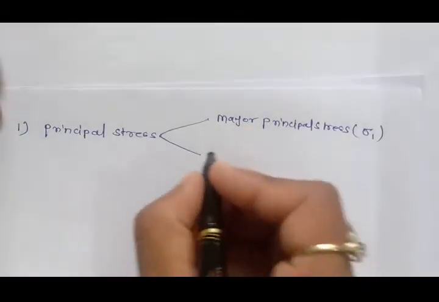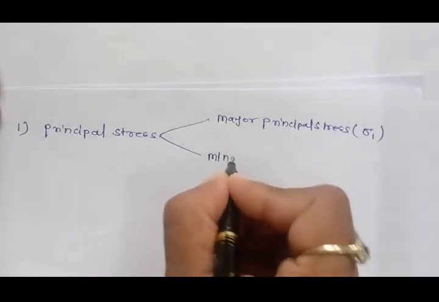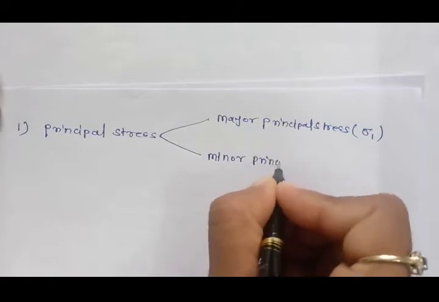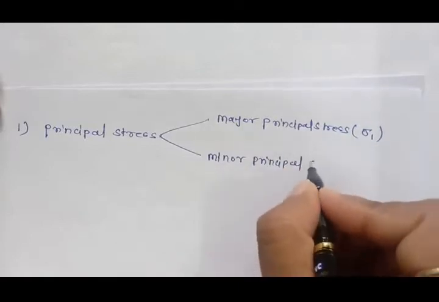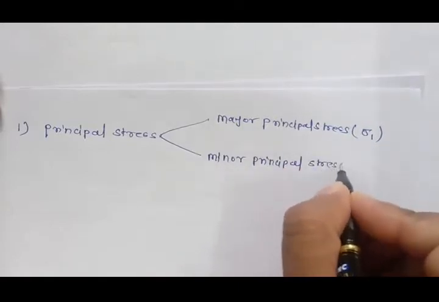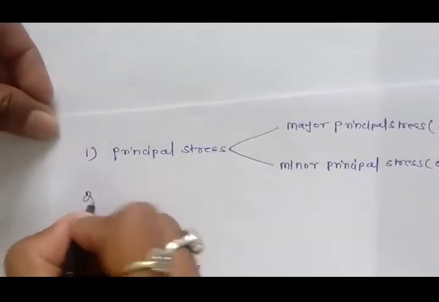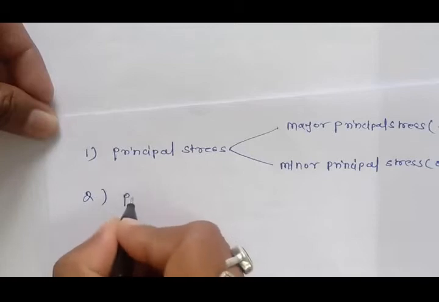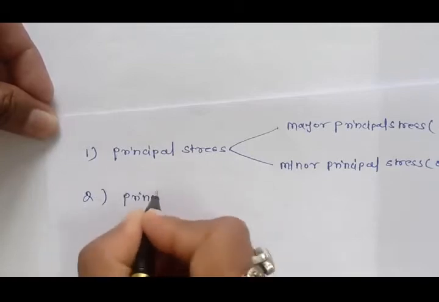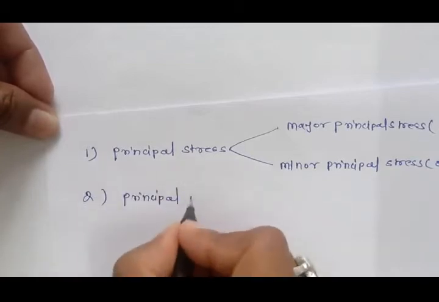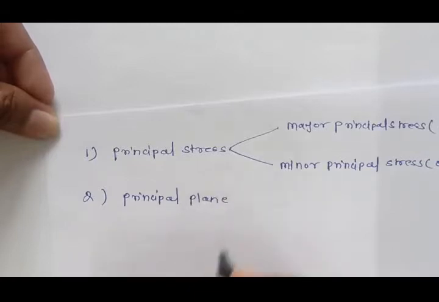Similarly, how to locate the minor principal stress, sigma 2, in the Mohr circle. Similarly, how to locate the principal plane in a Mohr circle.